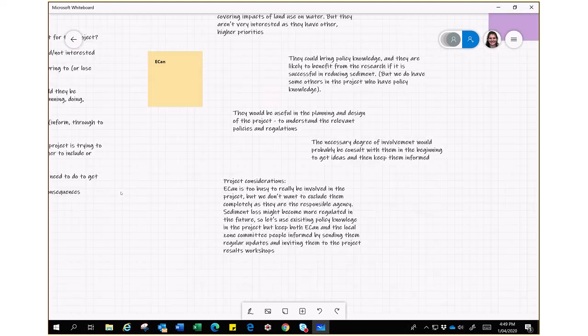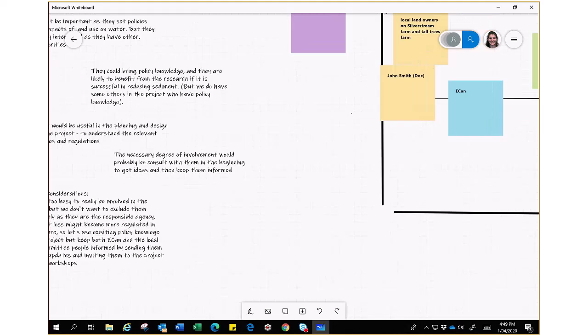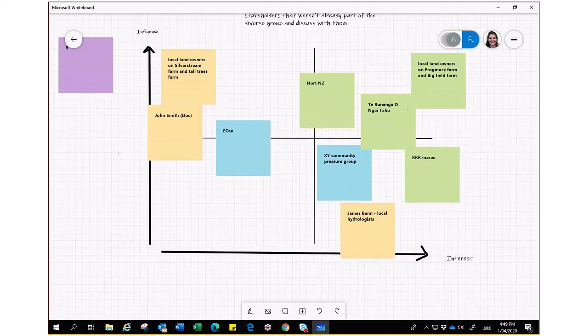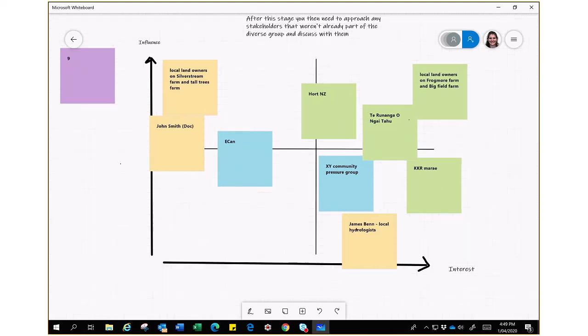Once you've gone through this exercise with everybody on your list, you can decide and color categorize people to denote how you're going to work with them. In this case, the ones in green, we're going to include in the project. The ones in blue, we're going to keep informed about the project.